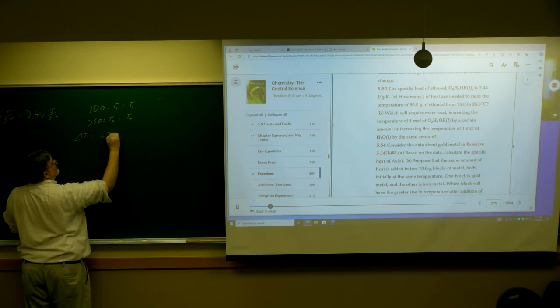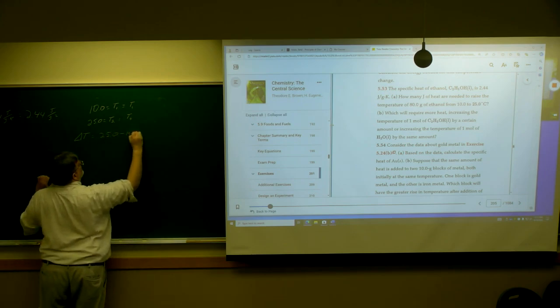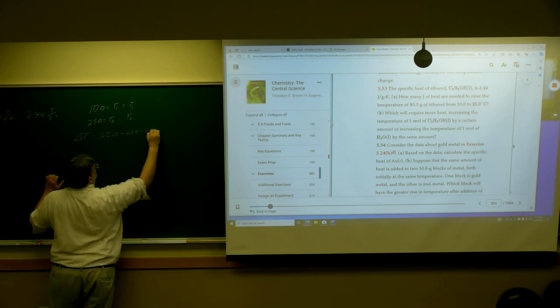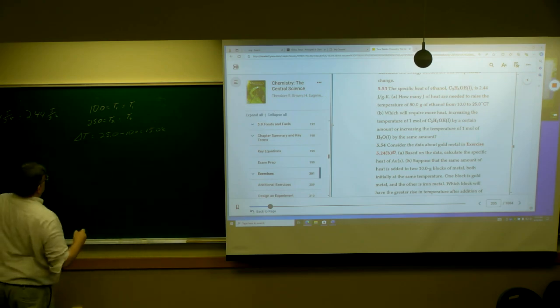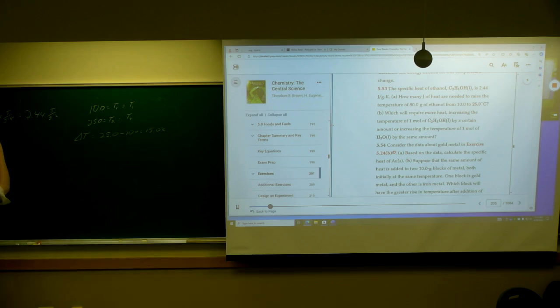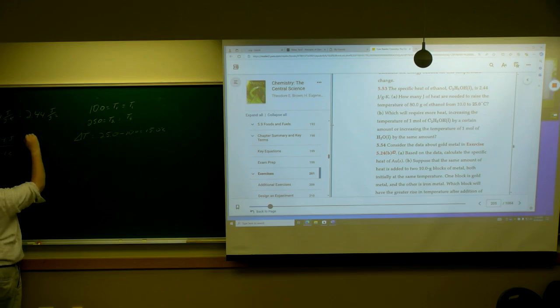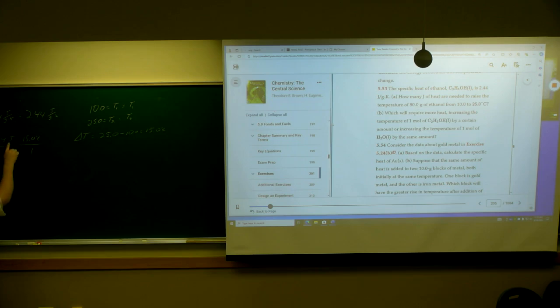So 15 degrees C, joules, 1 gram, 1 degree C. And then up here, I'm going to put the delta T. So that'll make this cancel, and then I got to make grams cancel, and then I'll have joules.